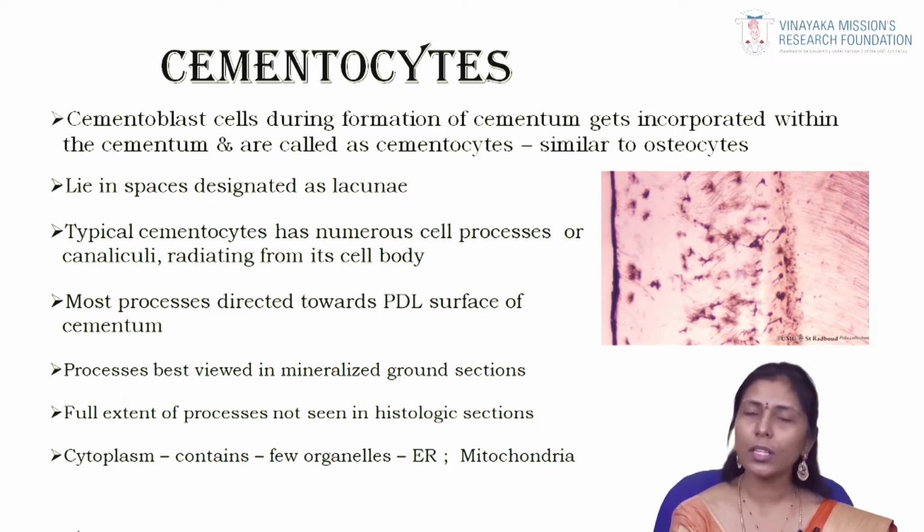They are arranged within lacunae, and you can see canaliculi or radiating processes, and these processes in the case of cementocytes are directed towards the periodontal ligament. The processes will be mostly directed towards the periodontal ligament surface of the cementum, and they can be best viewed in mineralized ground sections but not in decalcified sections.